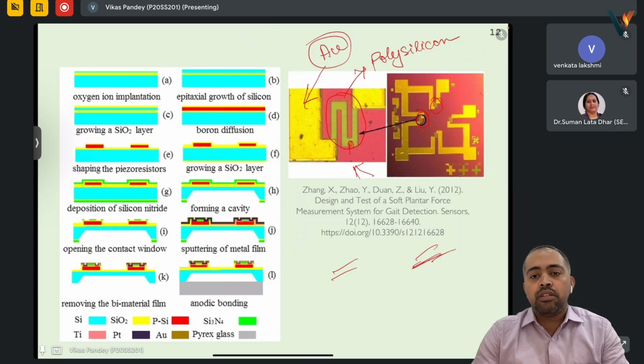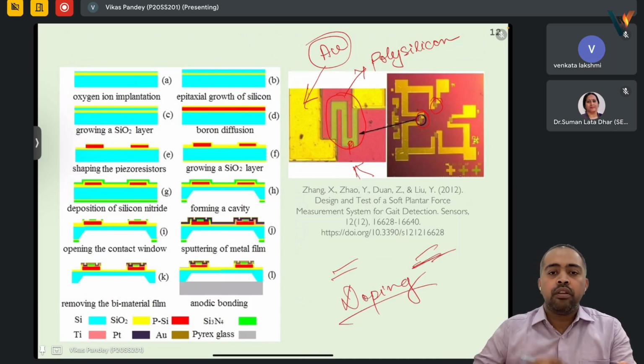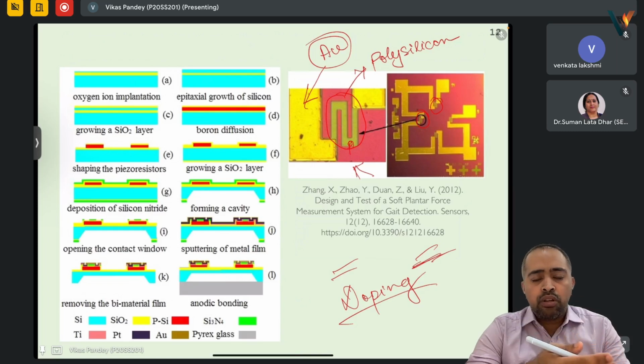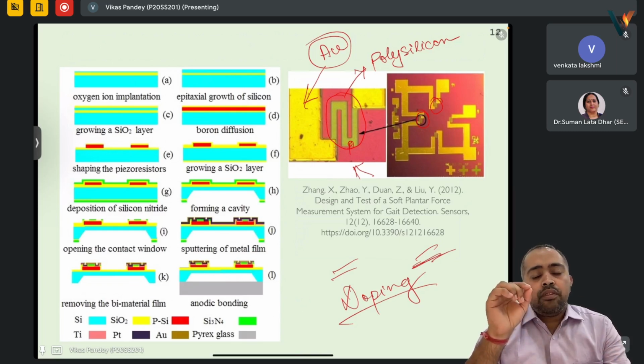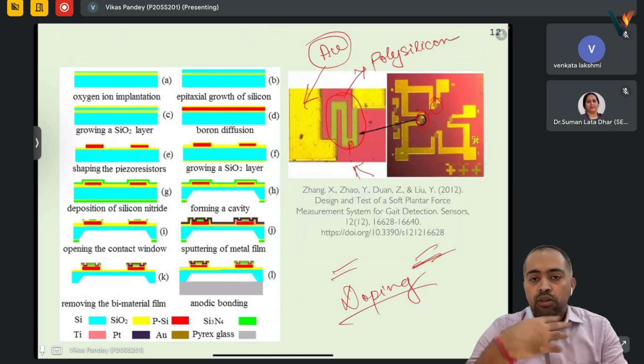Same with doping: if we go by ion implantation, certainly it is much better and more controlled, but the cost also increases. Just to maintain that ion implanter needs a lot of cost.